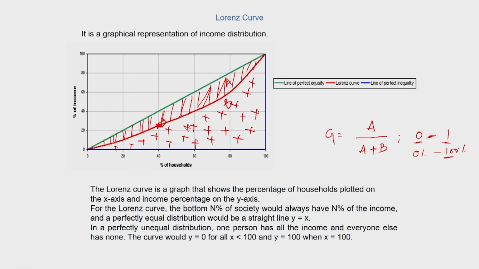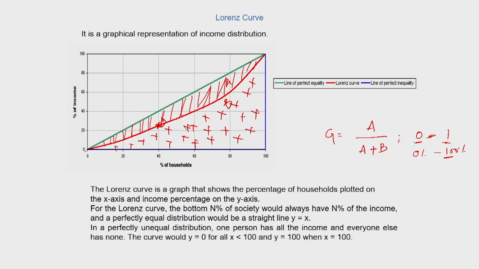But these kinds of curves can also be constructed for various other indicators which can be representative of wealth inequality within a country. So instead of income, we can also have asset inequality. When we are looking at the distribution of land holdings within a certain region, country, state or locality, those kinds of distributions can also be plotted on the Lorenz curve.